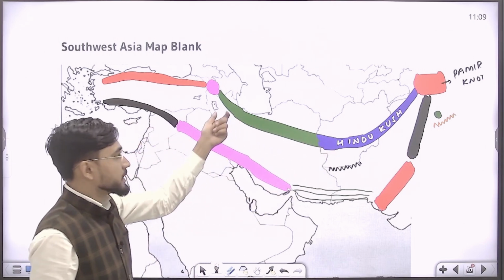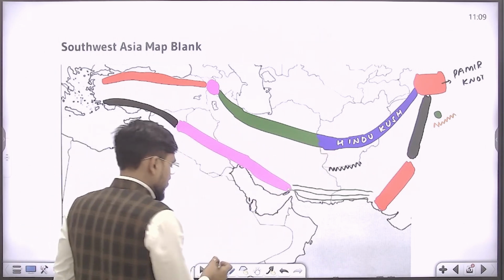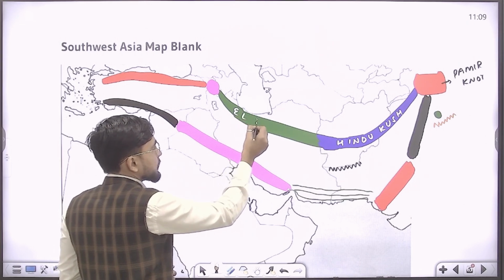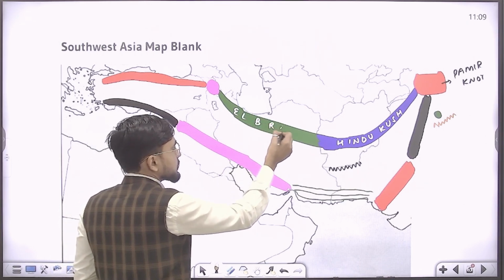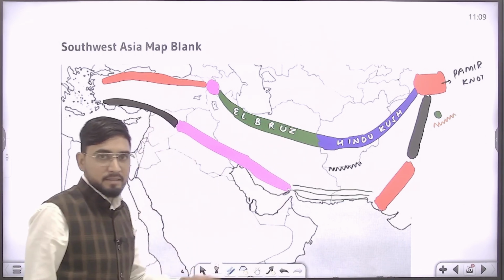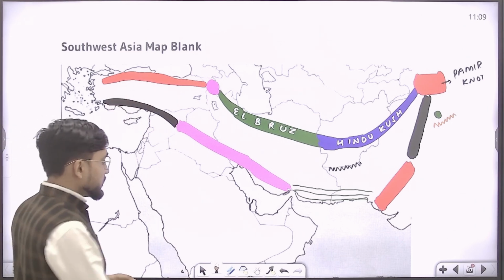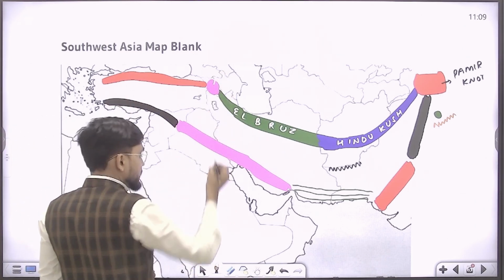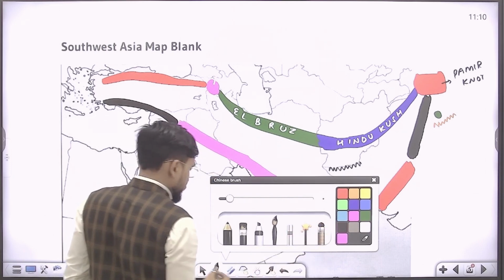This same Hindu Kush range in Iran is known as the Elburz mountain, or Elbrus range, and when it extends to Turkey, it goes till there is another knot called the Armenian knot.